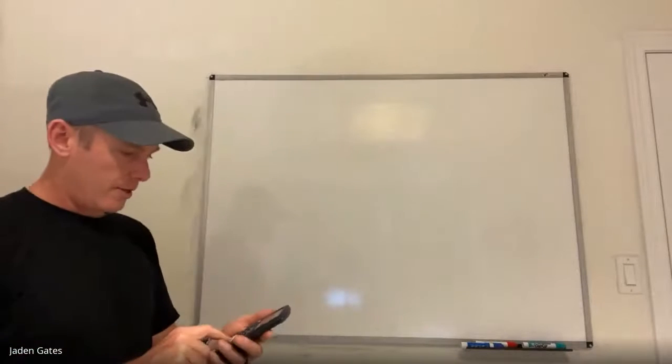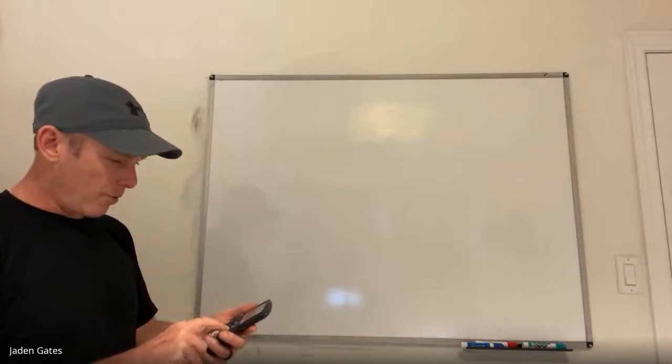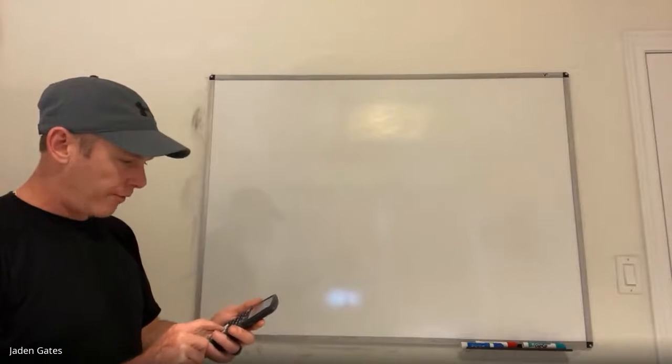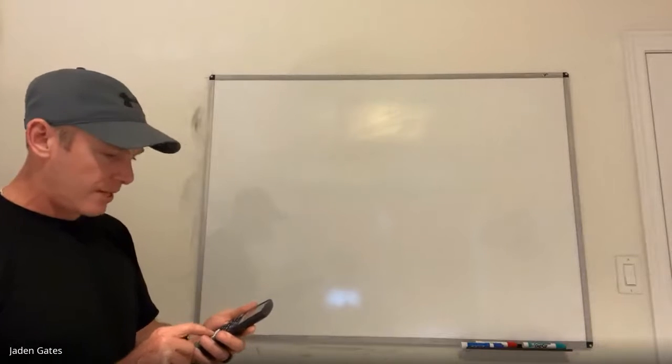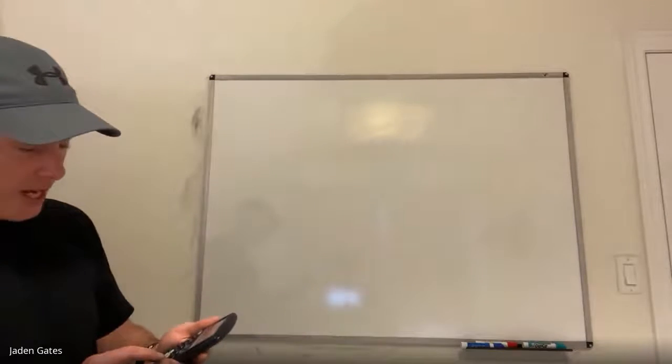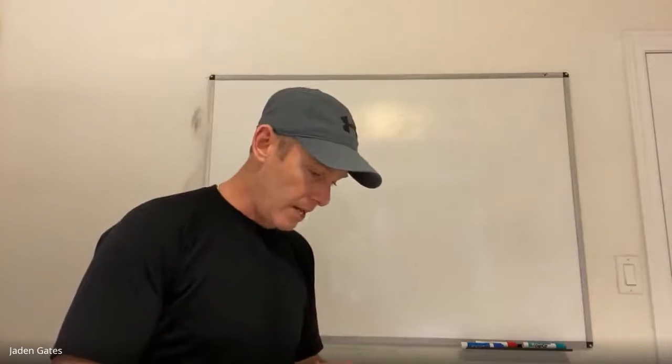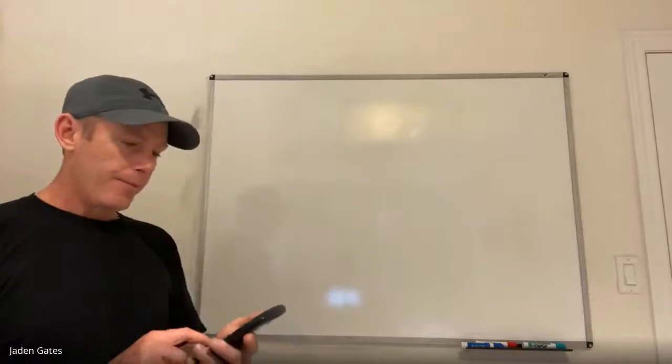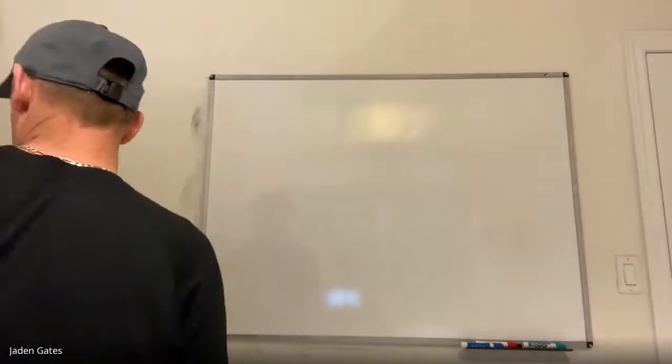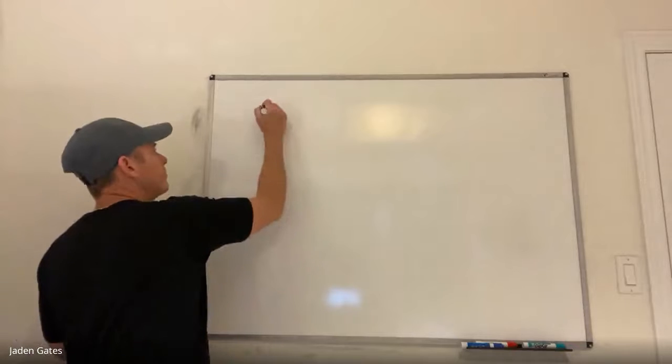Let's put in all nines. 1, 2, 3, 4, 5, 6, 7, 8, 9, 10. I got 10 nines in my calculator. All right, so I'm going to take 10 nines. I'm just pumping that in.